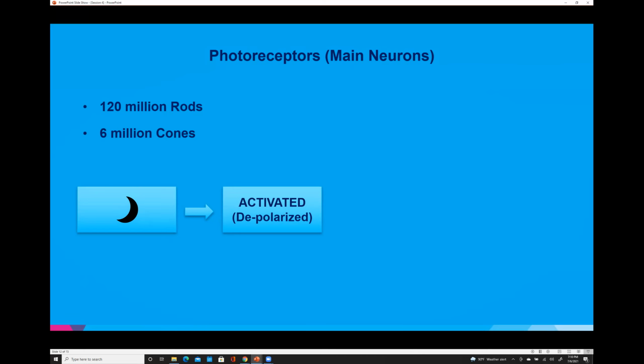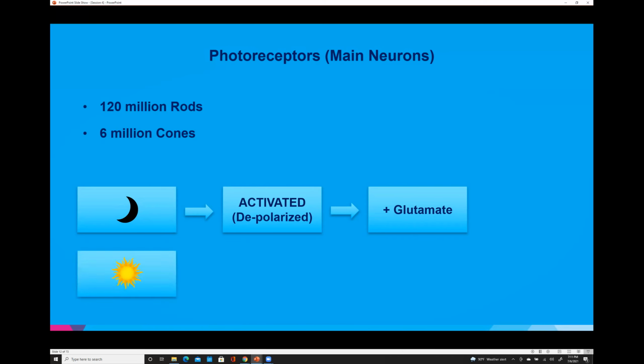So the photoreceptor, when it is dark, is depolarized or activated. And what does that mean? Whenever a neuron is activated, it, generally speaking, at the synapse of its axon, is secreting some kind of neurotransmitter. The photoreceptor secretes glutamate. So in a dark state, the photoreceptor is activated, thus it secretes glutamate.